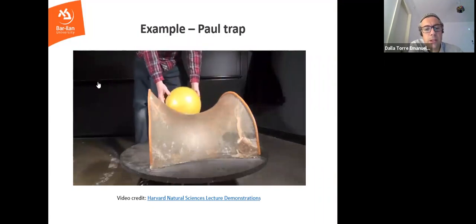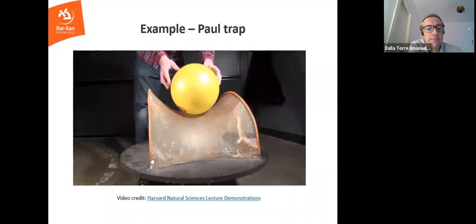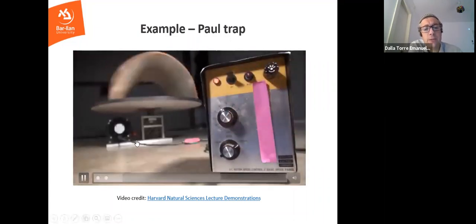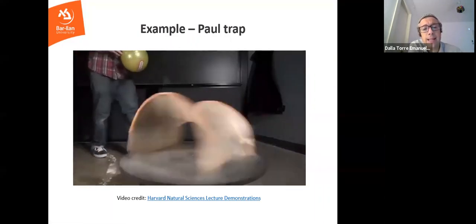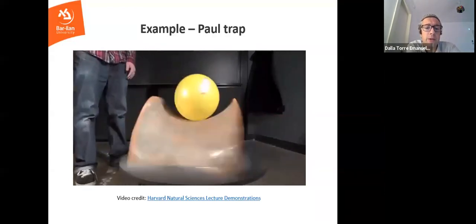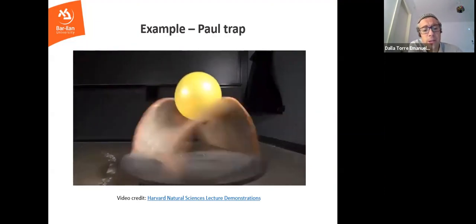The experimentalist is now going to start rotating the trap. And when you rotate the trap, you can create a trap that works in both directions. So you see now the ball is trapped in both directions. And this is thanks to the periodic drive.